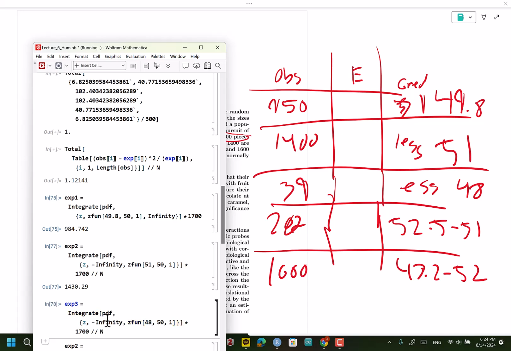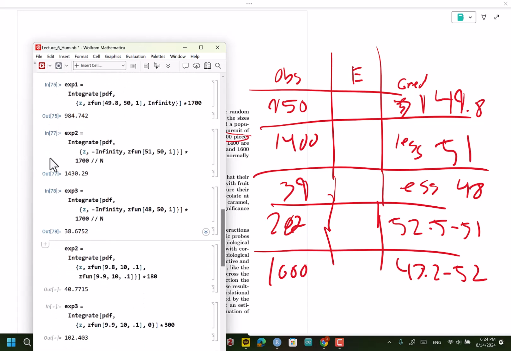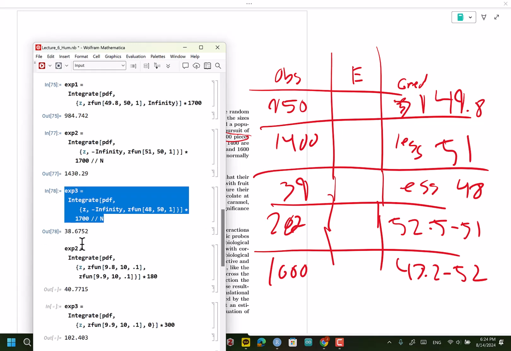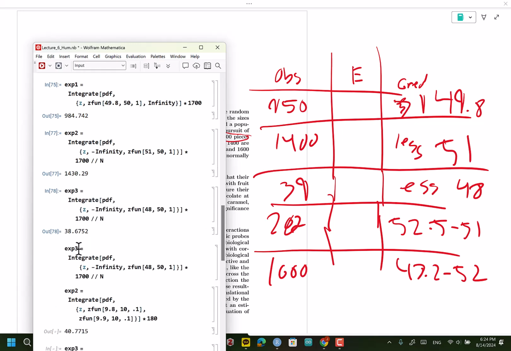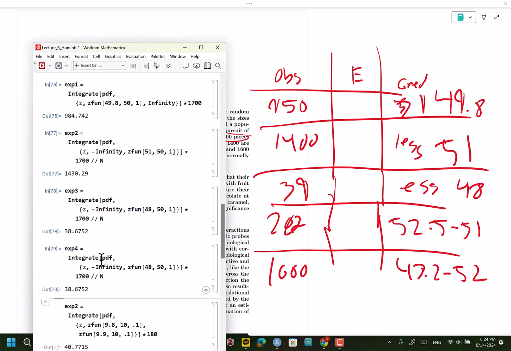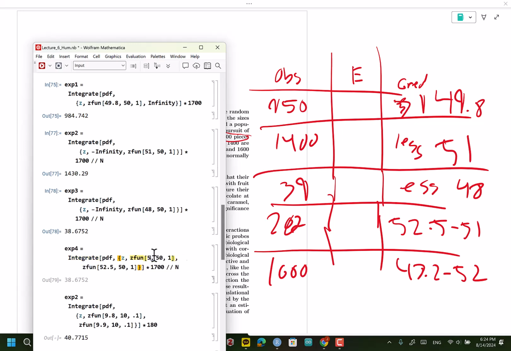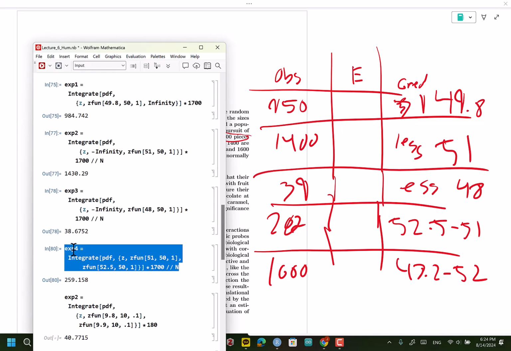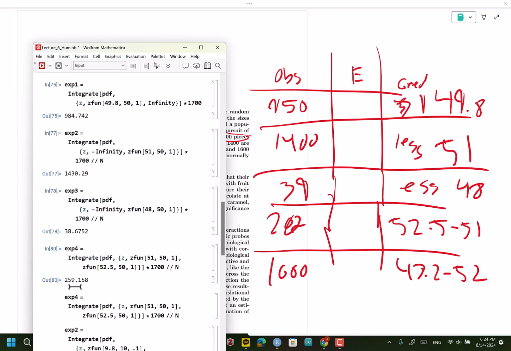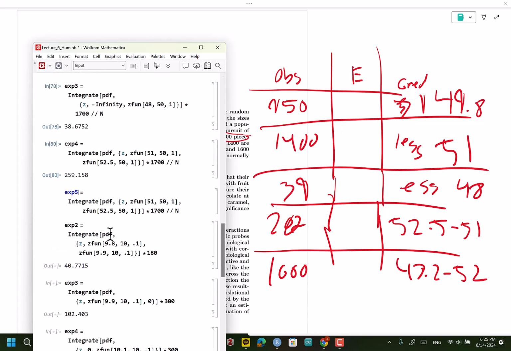And then expected 4, between 52.5 and 51. And then finally expected 5, between 48.2 and 52.